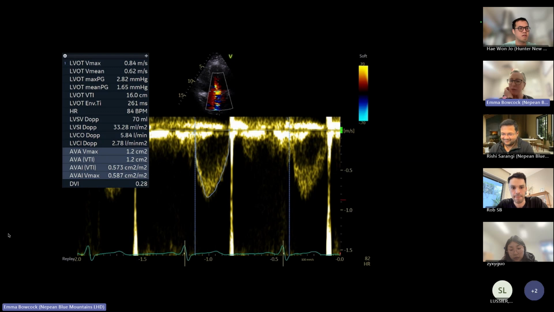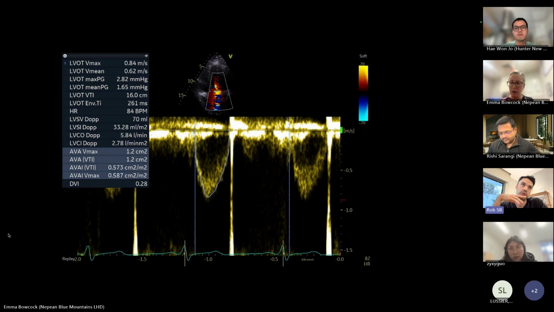Now, just remind me, what are the cutoffs for mild, moderate, severe AS in terms of velocity, gradients, and DSI? Yeah, so an aortic valve area. More than 4 meters per second velocity is severe. A more than 40 mean gradient is severe. And what was the other one? Less than 1 centimeter squared, or indexed less than 0.8, is severe.